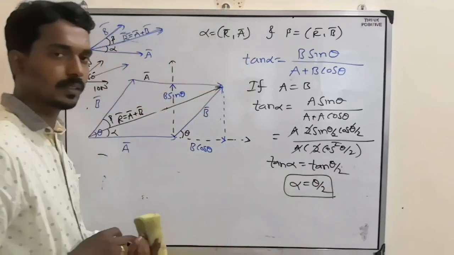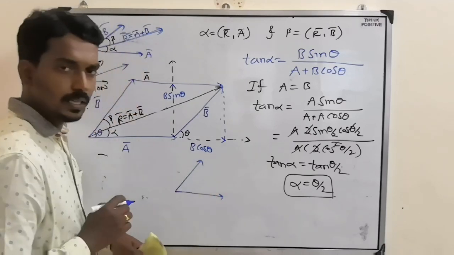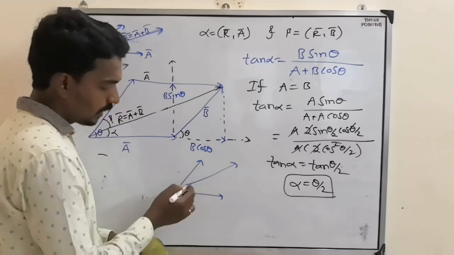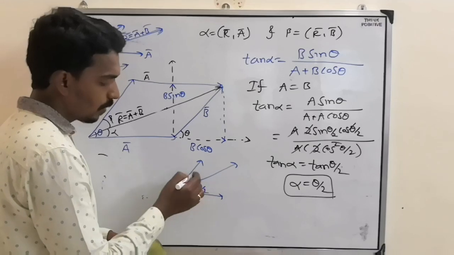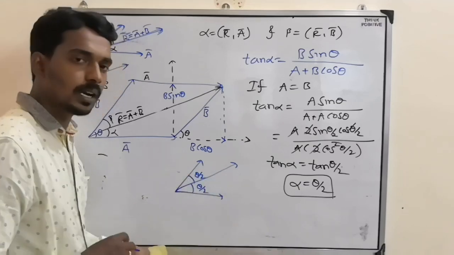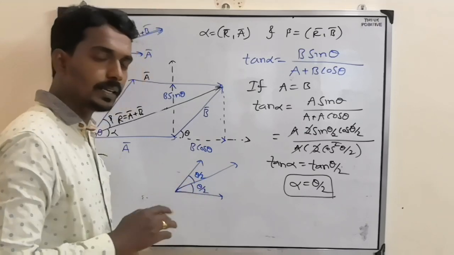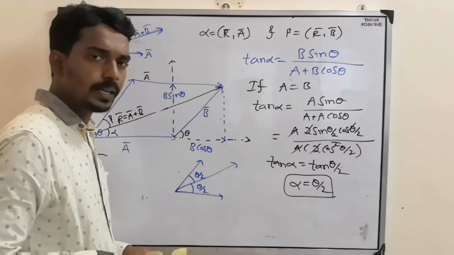Theta by 2. That means if two vectors are equal, then their resultant must lie exactly along the perpendicular bisector. This is theta by 2. This is theta by 2. If two vectors have different magnitudes, then alpha is not equal to beta.